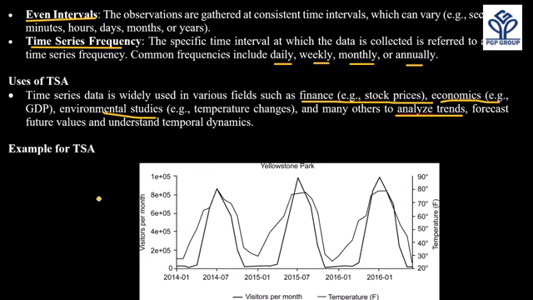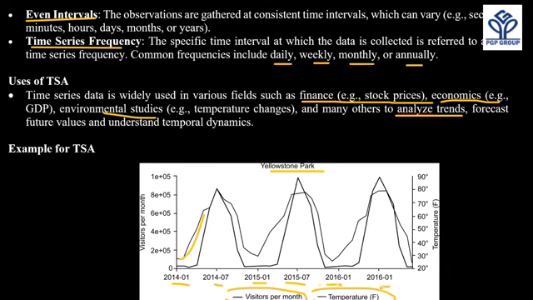This is a time series data example: the number of visitors in a park. We are collecting two data: the visitors per month and also the temperature in the particular park. So the data is collected like this. This is the date, first 7 2014, this is a month, then 2015, 2016.